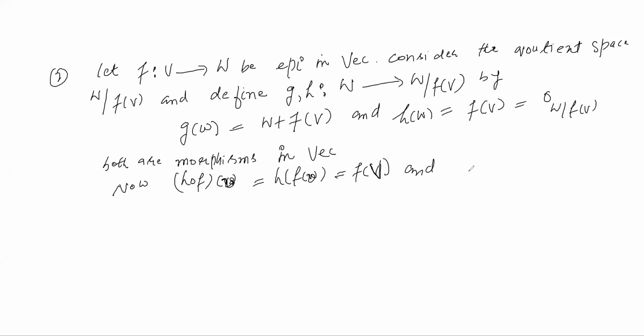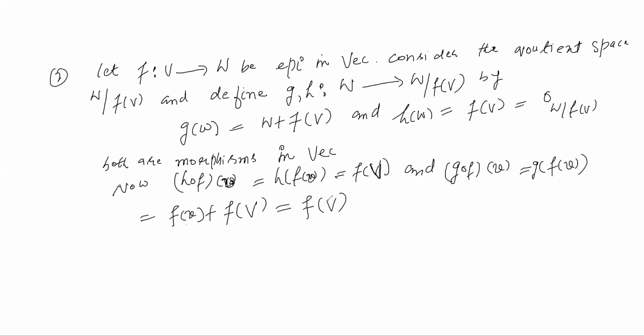Now g composition f of any v is g of f of v, so it is f of small v plus the subspace f(V). It's a coset. Since it belongs here, it is f(V). So this means h composition f is the same as g composition f. So by the epimorphism property of f, it implies that g is the same as h.